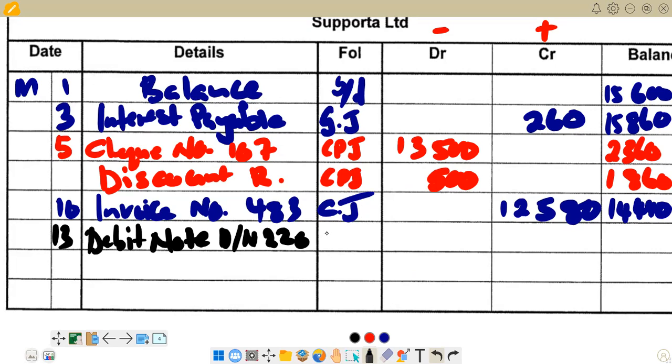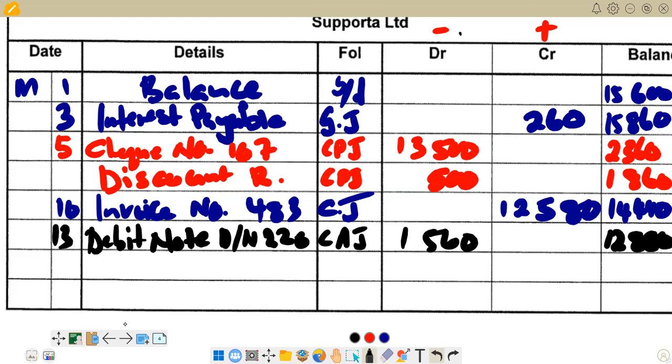The amount is 1,560. And remember, we are debiting 1,560 to reduce the amount owing. Then on the balance, when we debit, we subtract here. So 14,440 minus 1,560, then we get 12,880. So this is what we have.